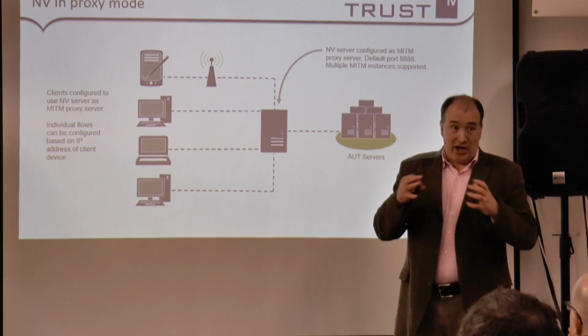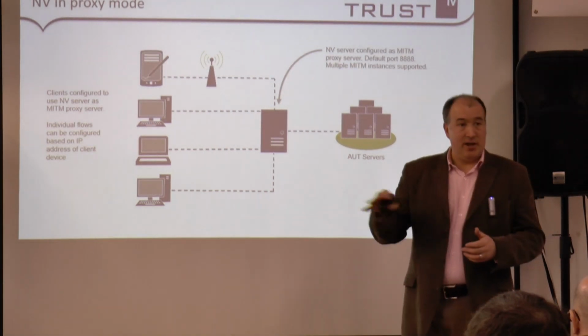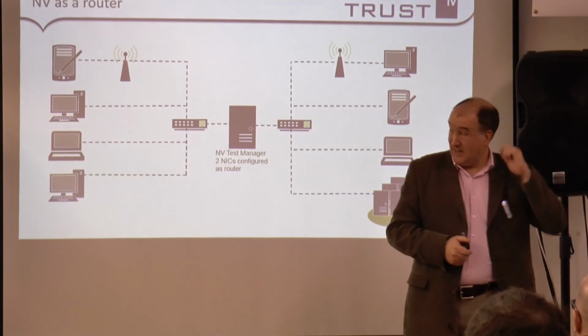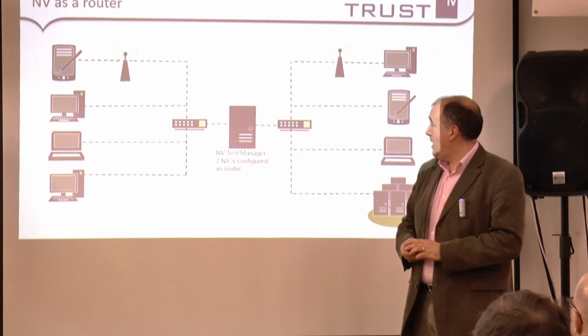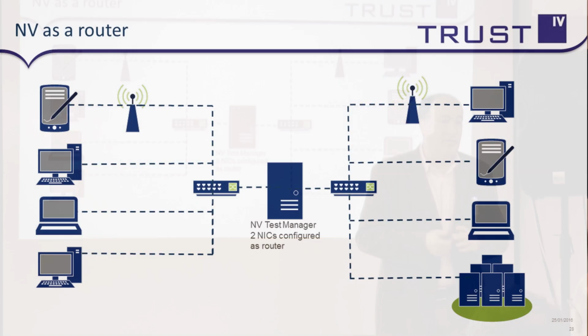So as I was saying earlier, you can configure flows based on the IP address of the client device and slow things down individually. Getting slightly more complex, but more usable this way, you can configure NV as a router. So you've got your test devices on the left-hand side of the router, and your application under test on the right-hand side as you look at it.